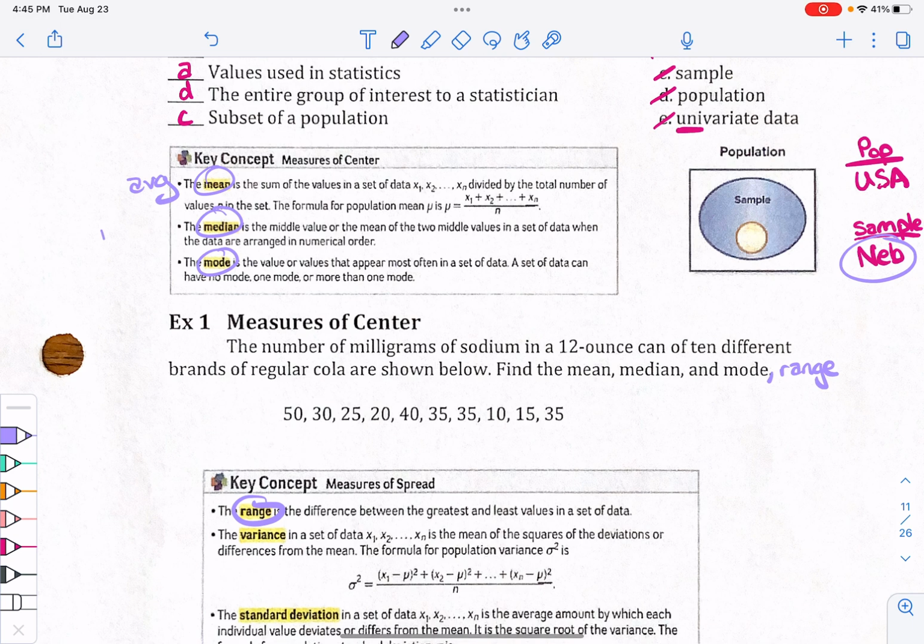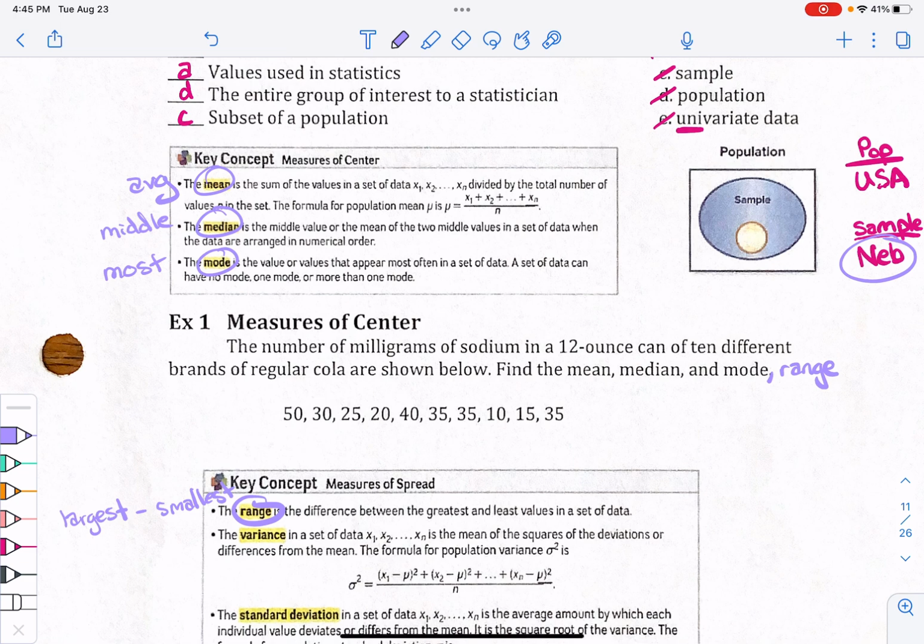The median is the middle number. The mode is the one that occurs the most, so it's the most occurring number. And then the range is the largest minus the smallest data value, okay? And that will give me my range, all right?